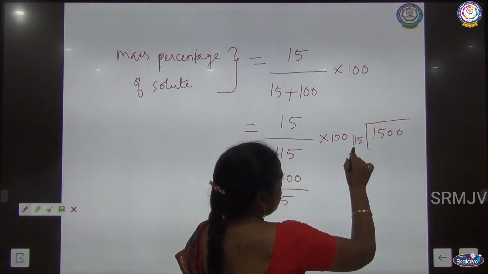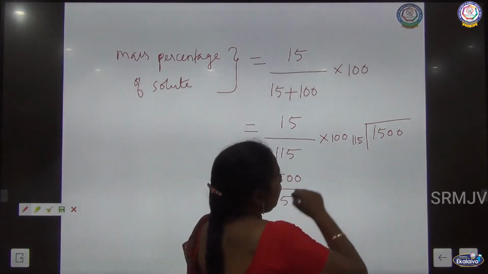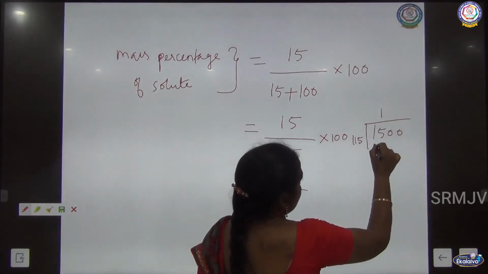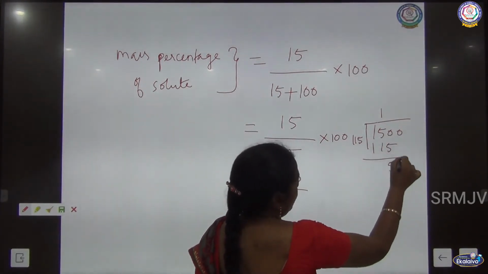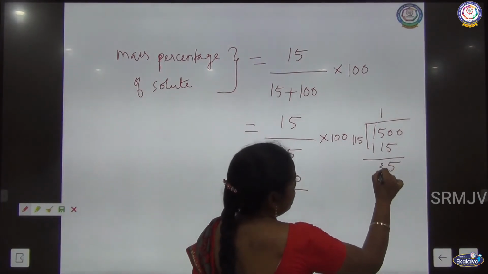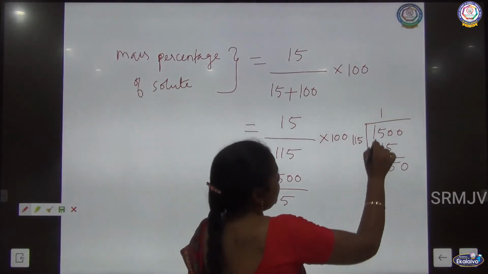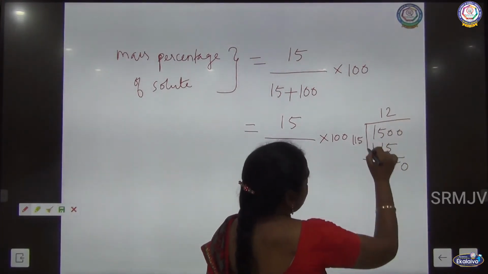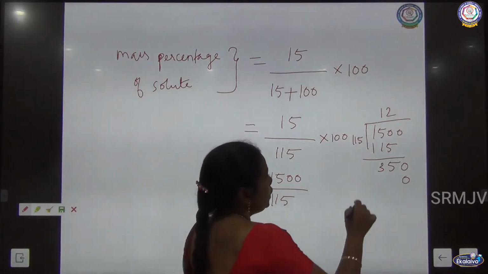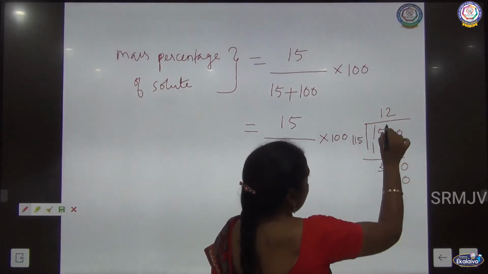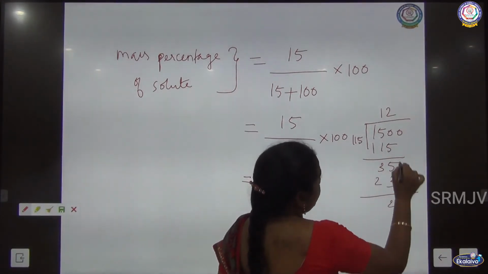That is 150 only, so only one time. 5 and 4 minus 1, 3, 350. In 350, 2 times. 2 5s are 10, remainder 1, 1 2 is 2 plus 1, 3, and 2 1s are 2, 0, remainder 20.